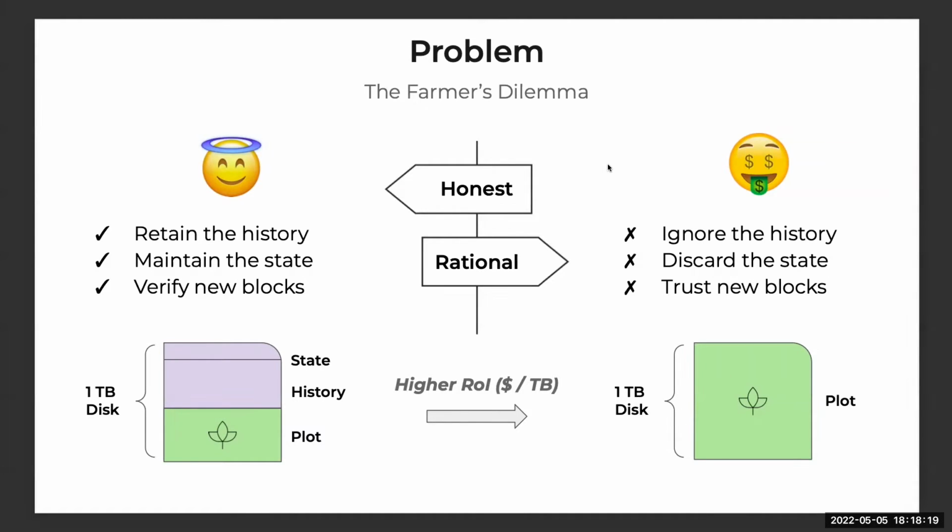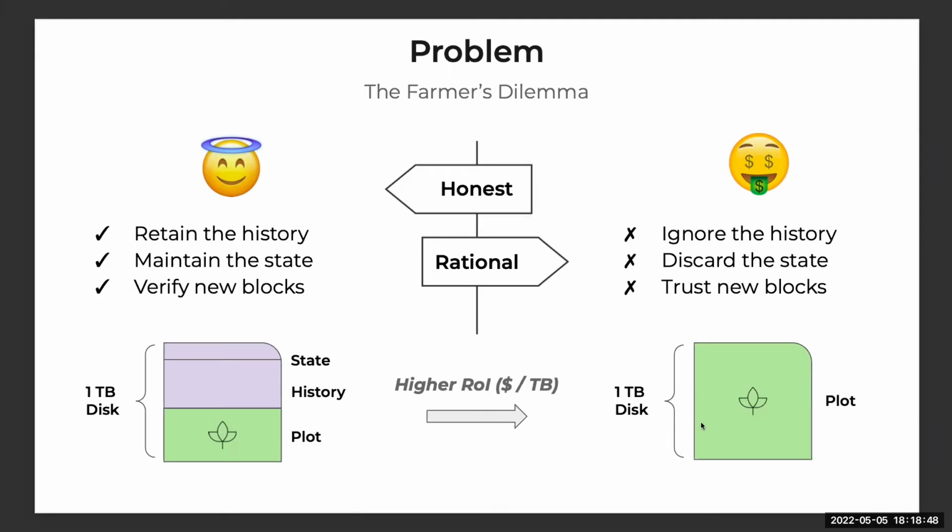If you're an honest node, you should be doing all this stuff, but there's a cost: you have to provide the storage resources to maintain the state and the history on your local node. If you have a disk of, say, 1 terabyte, there's only so much space left over to pledge to the plot, which determines your rewards. It's proportional to the amount of space you pledge.